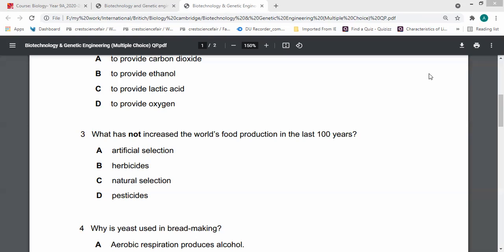What about natural selection? It's not relevant. Repeat, please. The answer is herbicides. I ask, what about natural selection? Maybe natural selection affects the food production.